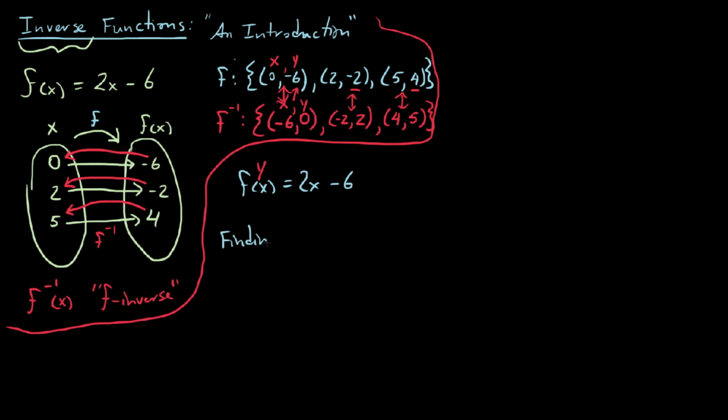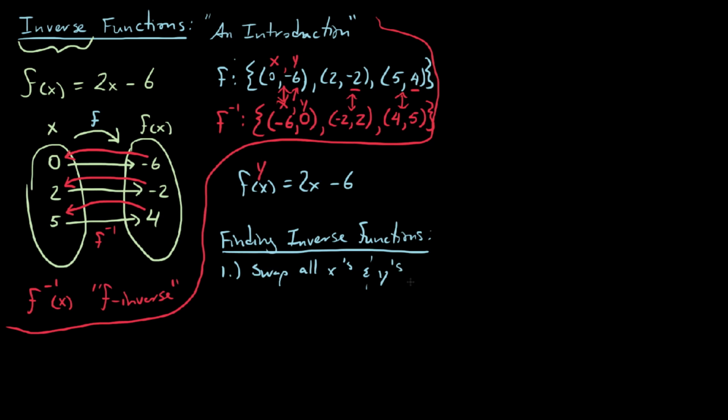Finding inverse functions. If you're taking notes, here's what you want to write. Basically, the steps we go through algebraically to find an inverse function are this. Step 1, swap domain and range. I'm going to write it a little bit differently: swap all x's and y's. So whatever was an x before becomes a y, and whatever was a y before becomes an x.